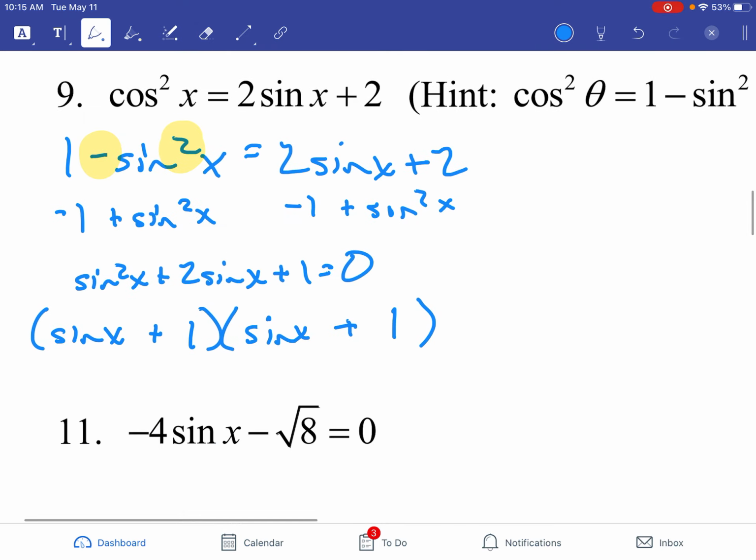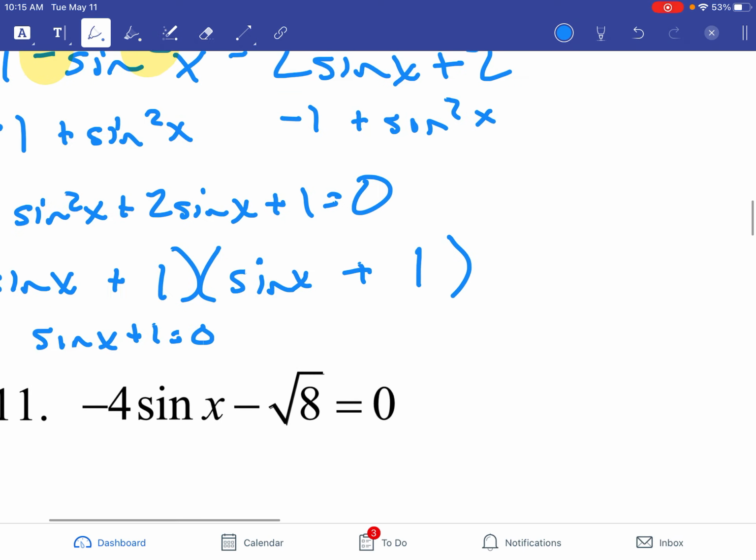It's the same thing for both, so I only need to solve one of them. So I have sine of x plus 1 equals 0. This will give me sine of x equals negative 1. Now, where is sine going to be negative 1? There's only one spot on the whole unit circle, and it is at 3 pi over 2.